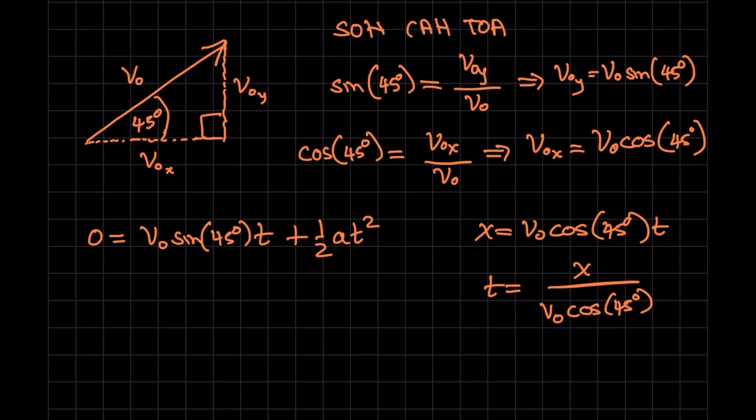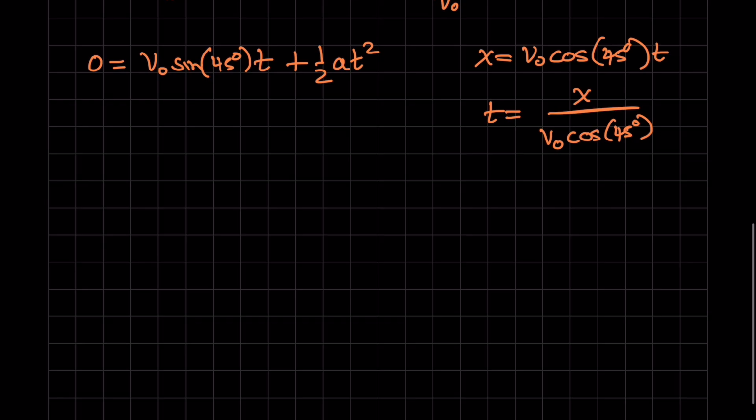As I said before, the time is the same for both equations. So once you solve for time, what you can do is substitute time into the y equation. It's going to get a little messy, but we can be careful and keep track of all our terms, hopefully not lose anything along the way.